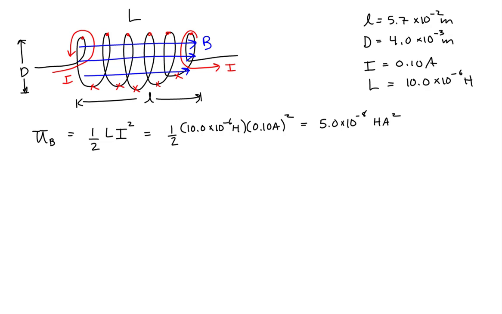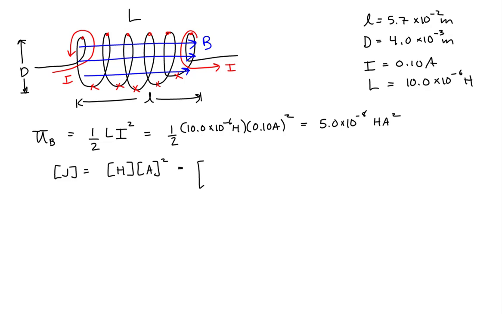Well, we typically express energy in units of joules, and here we have units of Henry amp squared. So as a reality check, let's just convert these units to see if we end up with joules. We're looking for joules, and we need to determine what Henry amp squared is in terms of joules.